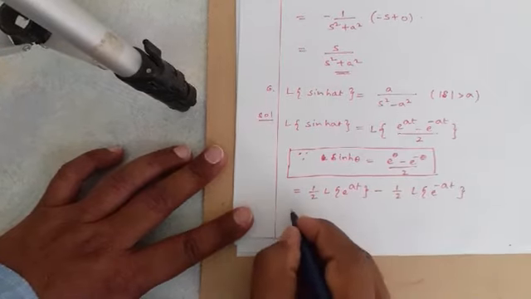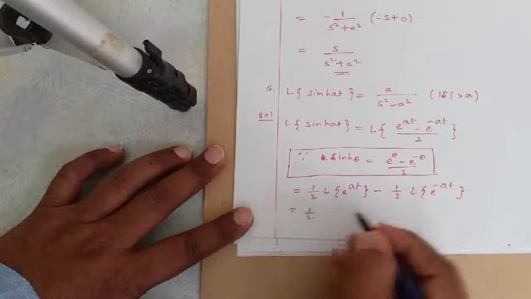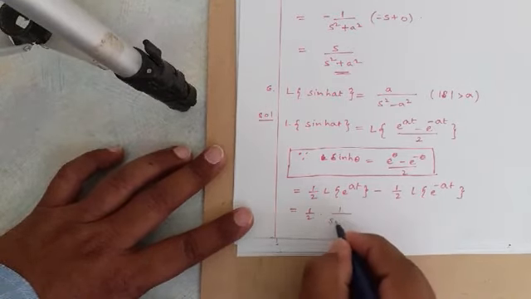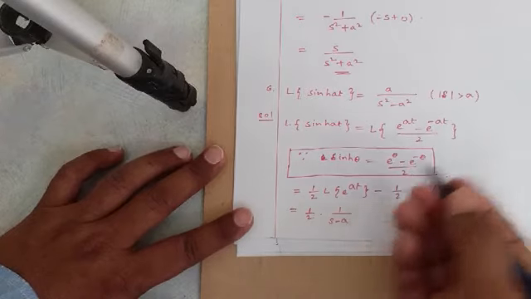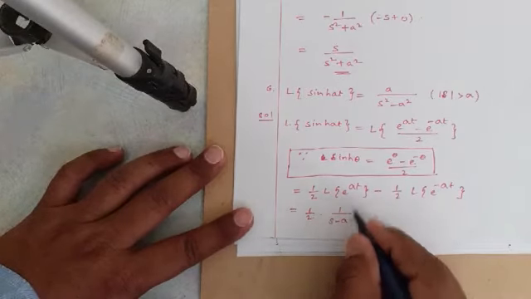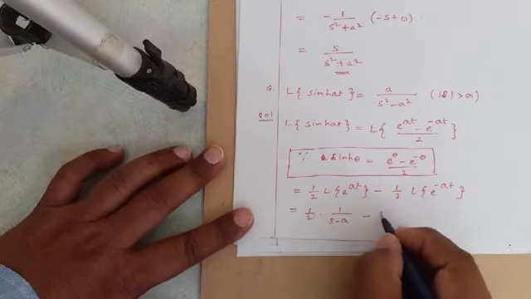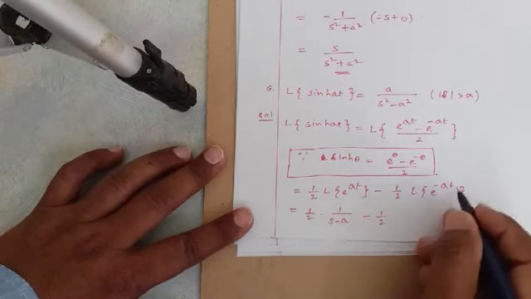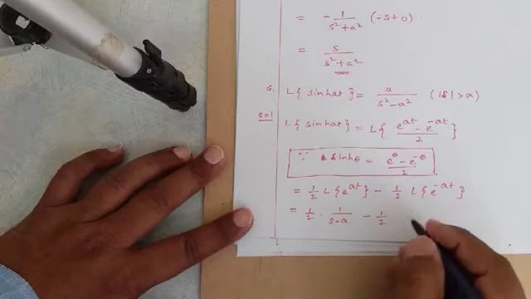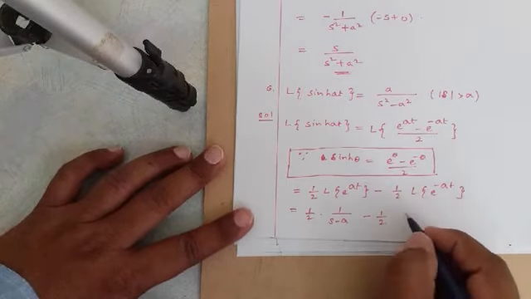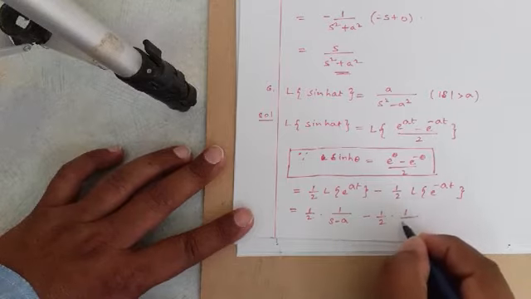Now this is equal to 1 upon 2 into Laplace of e power at, which is nothing but 1 upon s minus a, as we have just done, minus again 1 upon 2, Laplace of e power minus at, which I have written in the note is 1 upon s plus a.